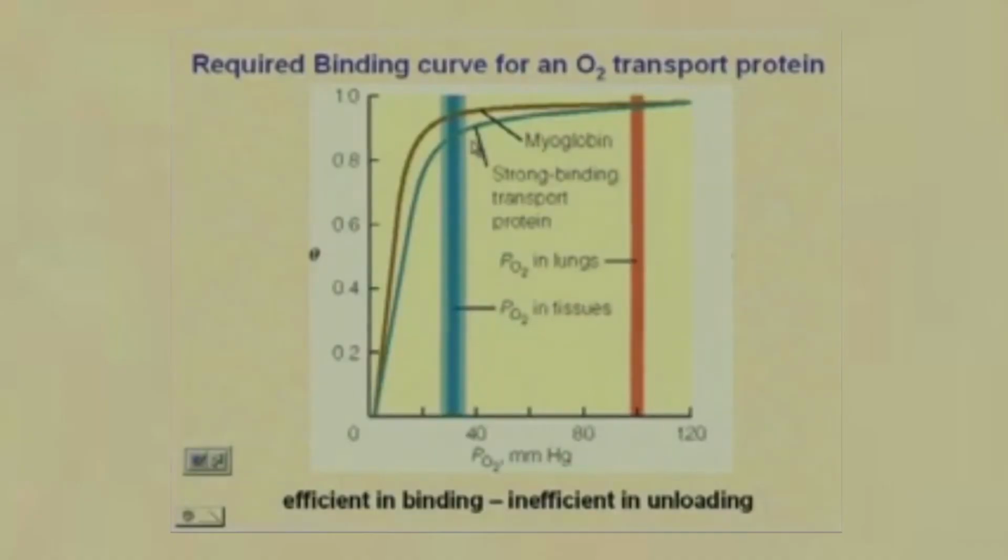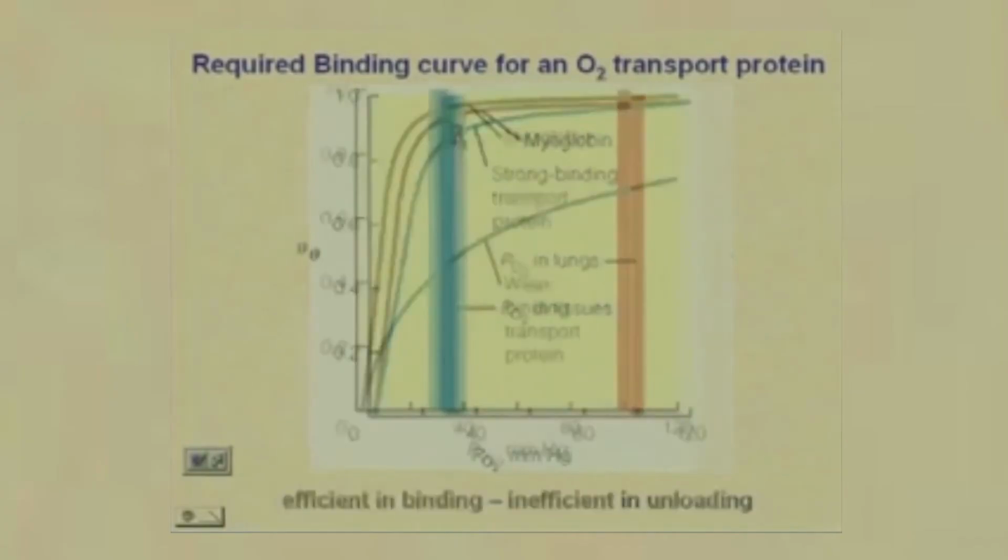So if we have a strong binding transport protein, it is very efficient in its binding. It is still 80% saturated at the lower concentration in the tissues, but the tissues need the oxygen. And if the oxygen is still bound, then there's no point. It has to be released.